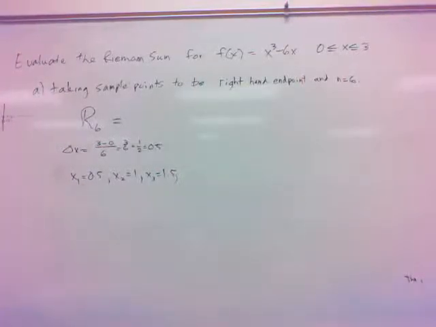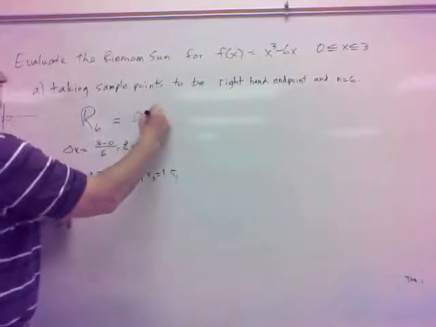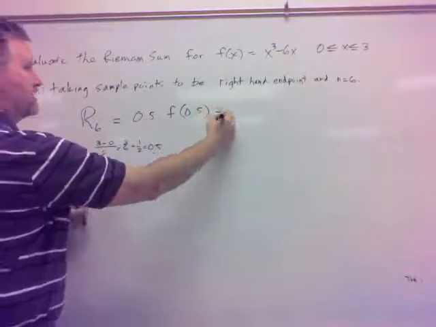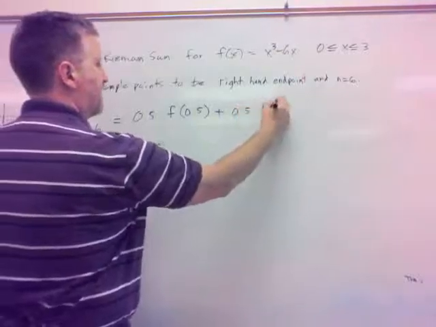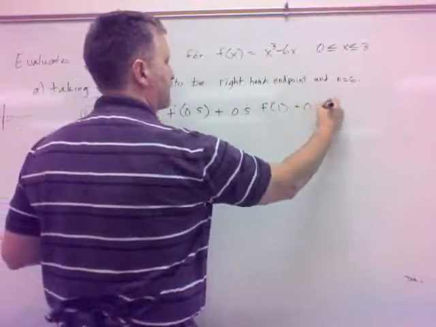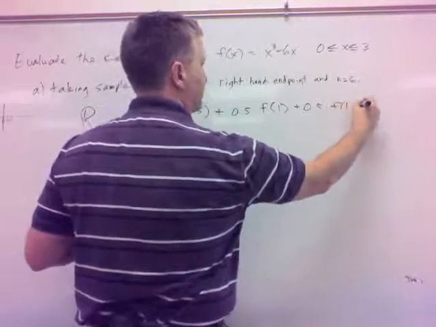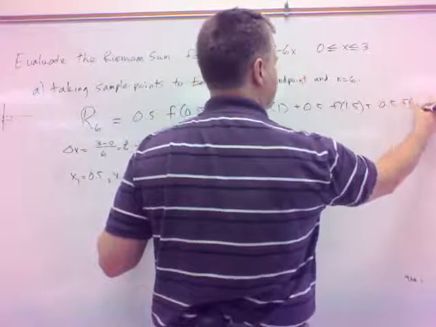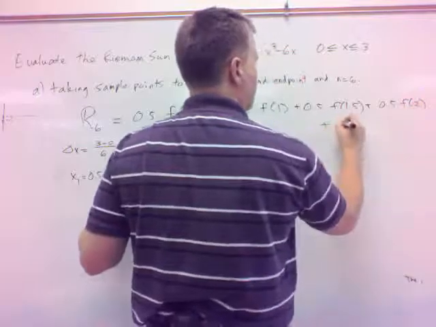Well, it would be a half. The first rectangle would be a half times f of a half. The second rectangle would be a half times f of x2, which is 1. Right? With me on that? All the way out to 3.